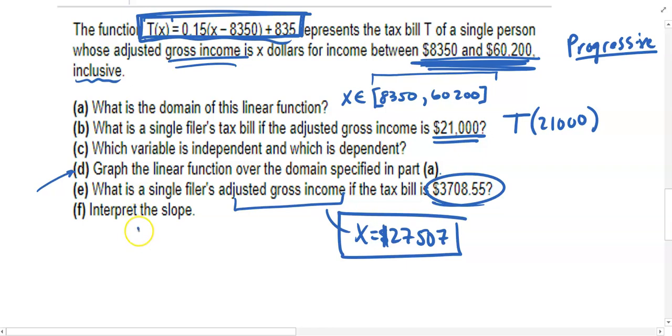And finally, I'll let you think about the slope for just a moment. If we were to clean up this equation up here and distribute as necessary, the slope ends up being 0.15.